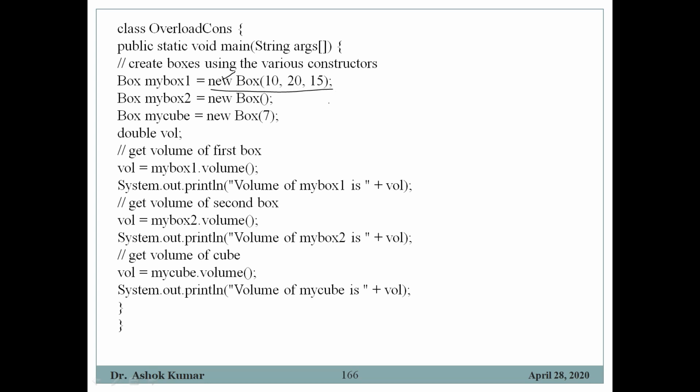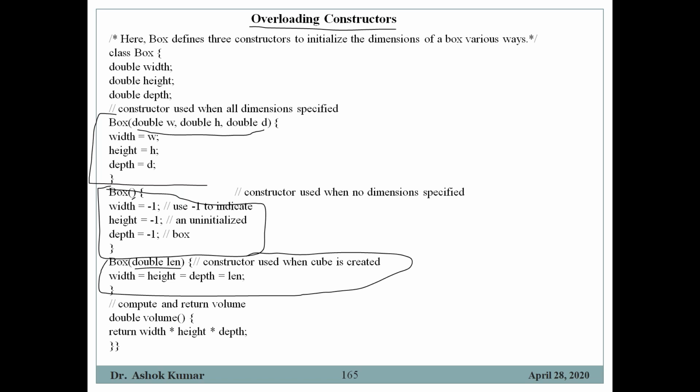So 10, 20 and 15 will be passed on to w, h and d of this constructor, and then the width, height and depth instance variables will be initialized.